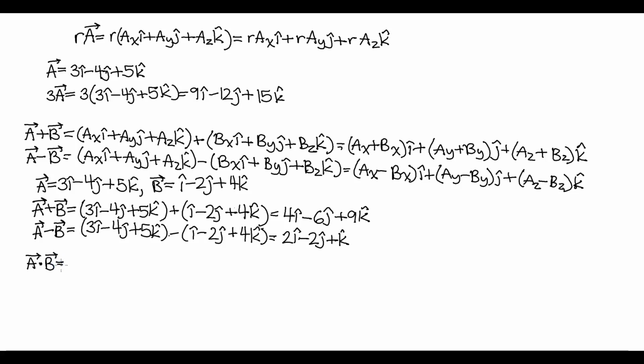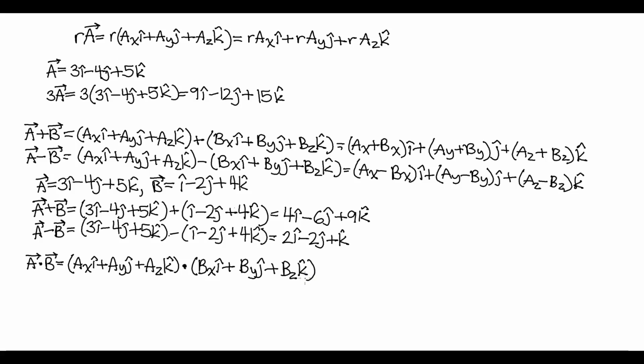If I were to take the dot product of A and B, that's ax i plus ay j plus az k dot bx i plus by j plus bz k.